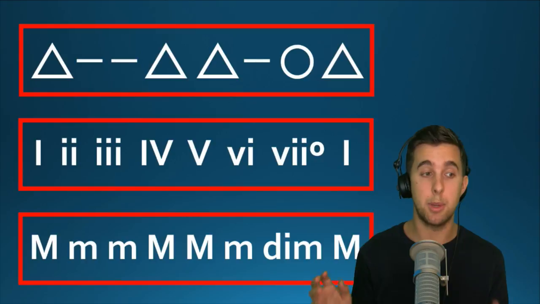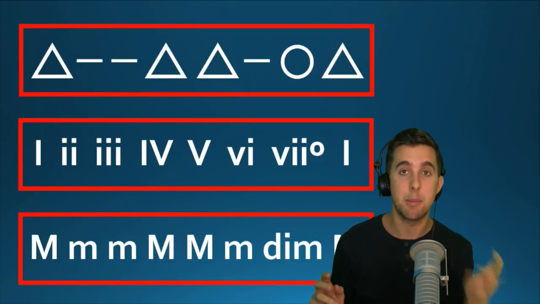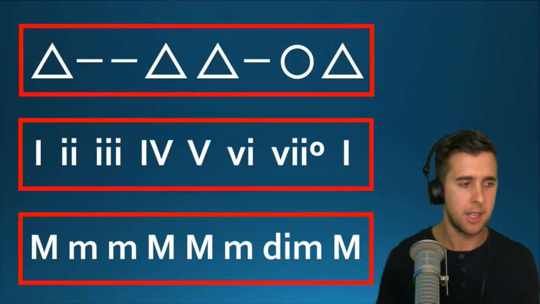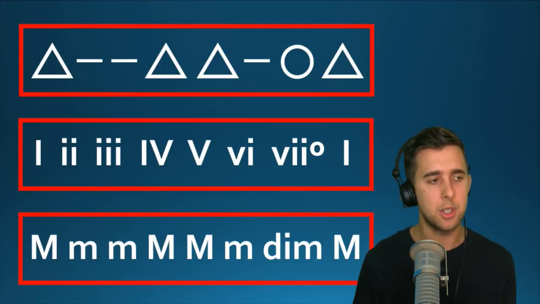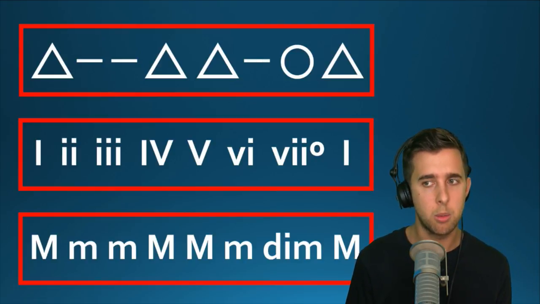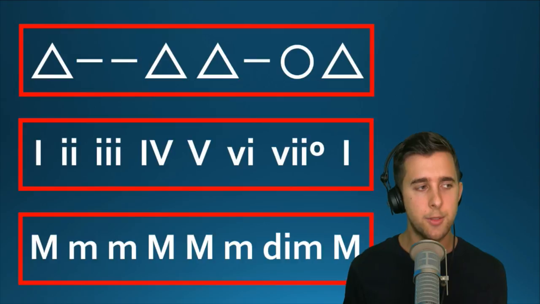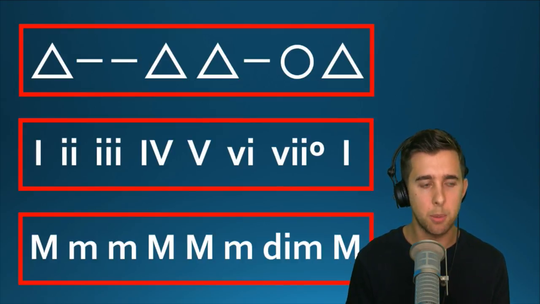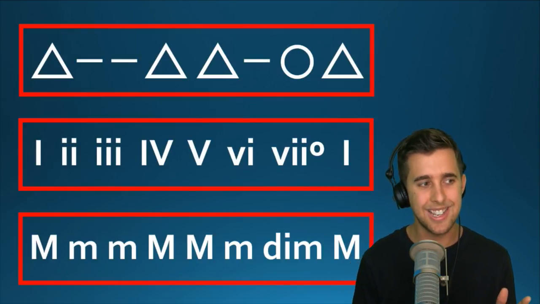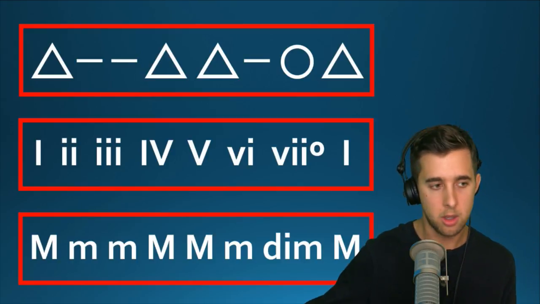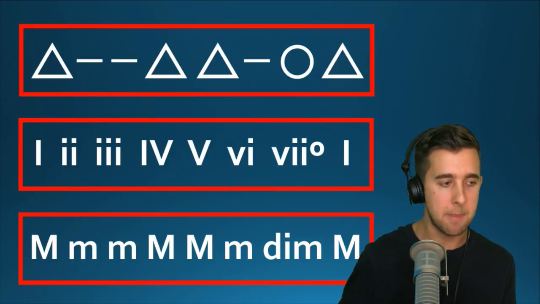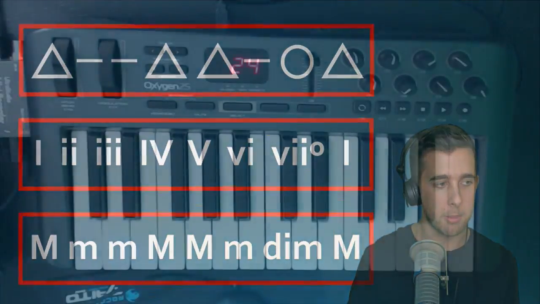Major, minor, minor, major, major, minor, diminished, major. So basically, this allows you to work out what notes you want in the scale. The first note links to the first symbol. So the first one will be C major. Remember, we can work out a major by doing 5 and 4.